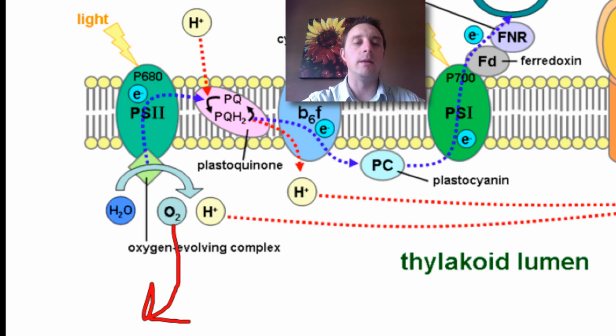The electron goes in here and takes the place of the one that got excited and left. So the splitting of water functions to replace the electron in photosystem 2 that got excited and was kicked out. And then the oxygen leaves as waste, and the hydrogen, again, is part of the hydrogen ion gradient.